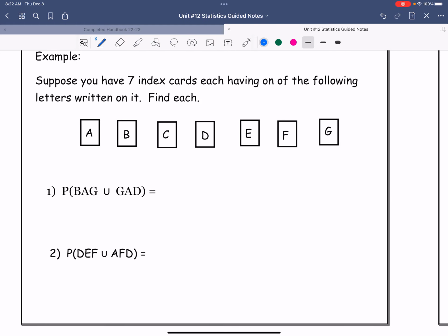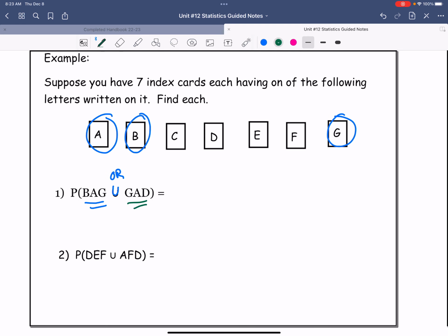Here's an example. Suppose you have 7 index cards, each having the following letters. So probability of BAG, union, which is OR, the probability of GAD. So let's look at BAG, and then GAD.